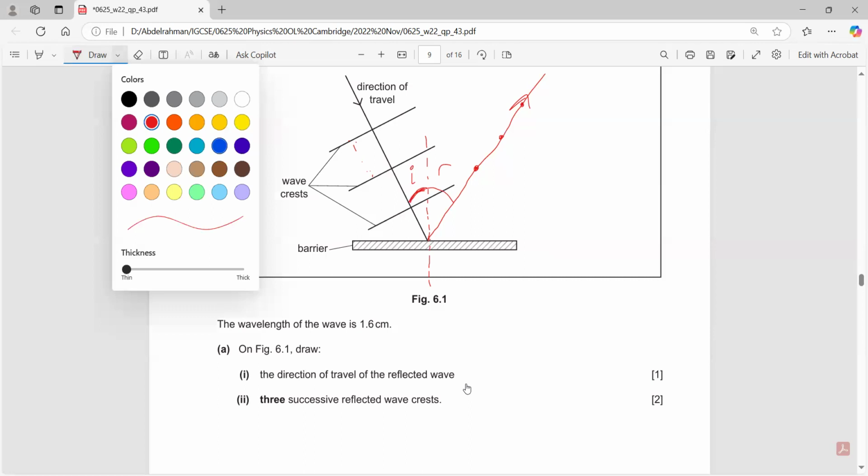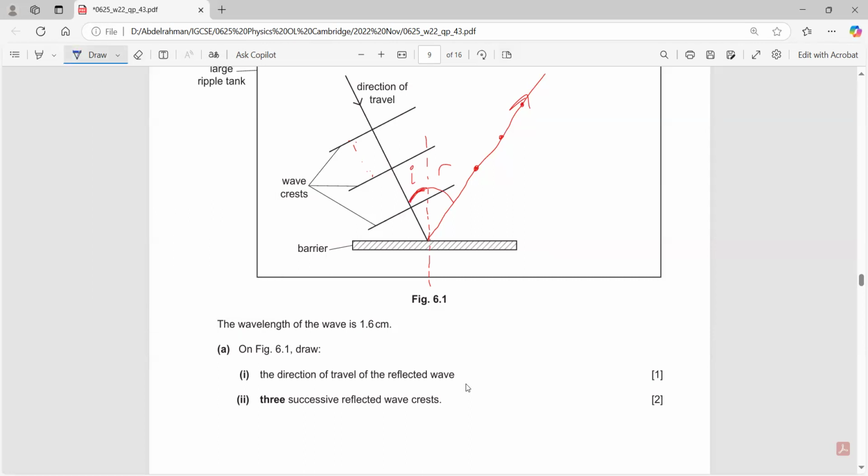Let me draw using another color. You have to draw the waves perpendicular to the motion at this point.